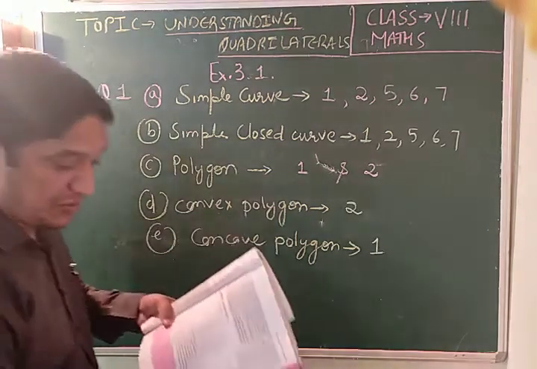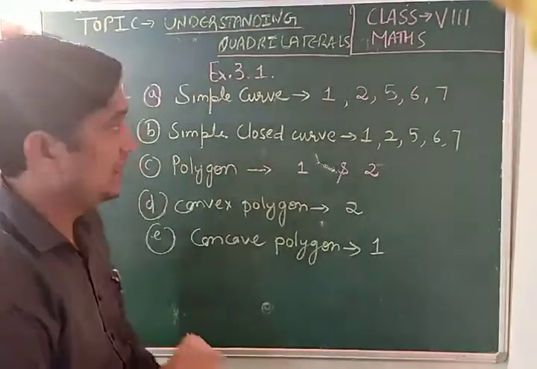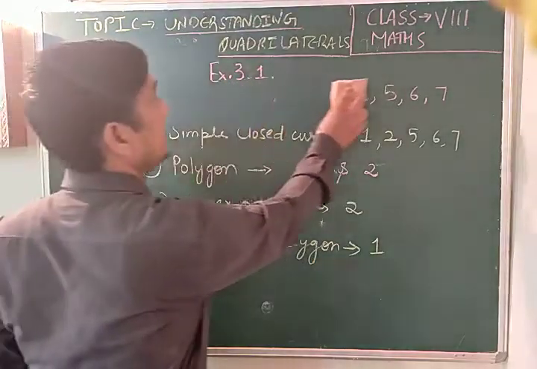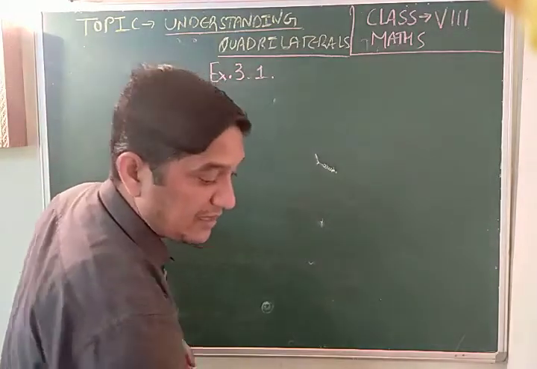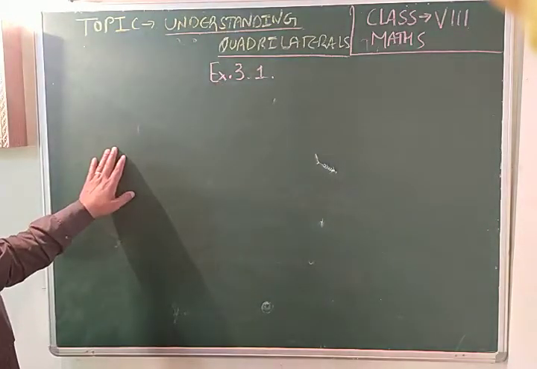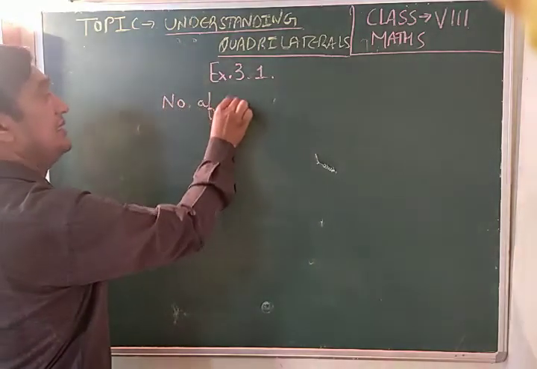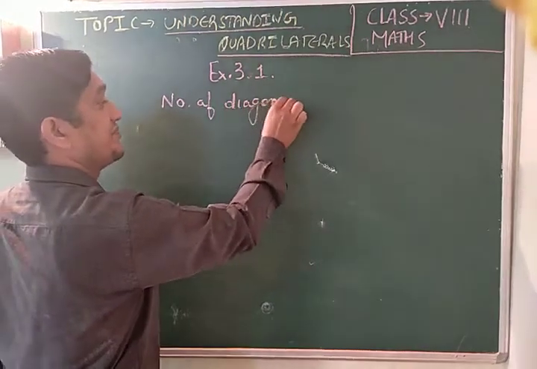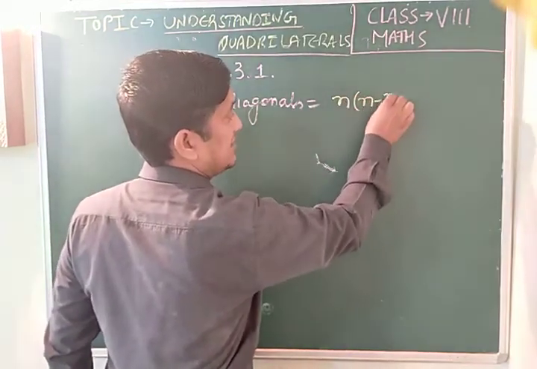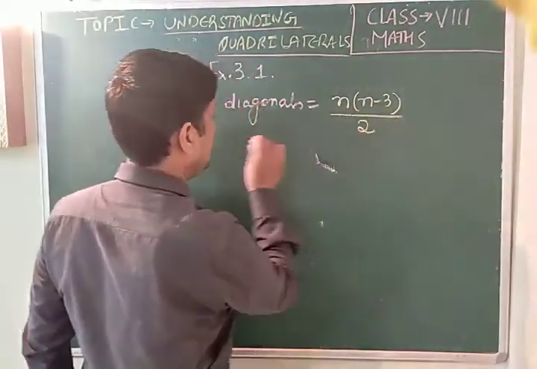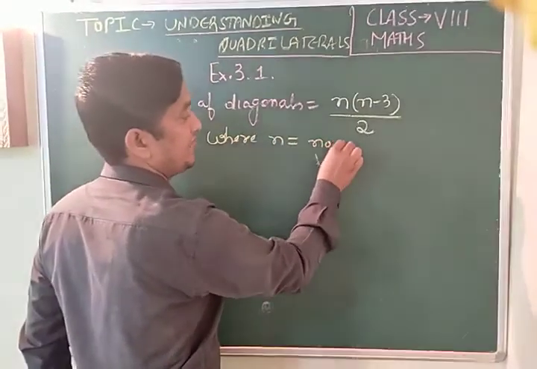Children, after this we have to do question number 2. How many diagonals does each of the following have? We have to find the number of diagonals. Children, if we want to find the number of diagonals, we have to simply learn this formula: number of diagonals is equal to n(n - 3)/2, where n is equal to the number of sides.